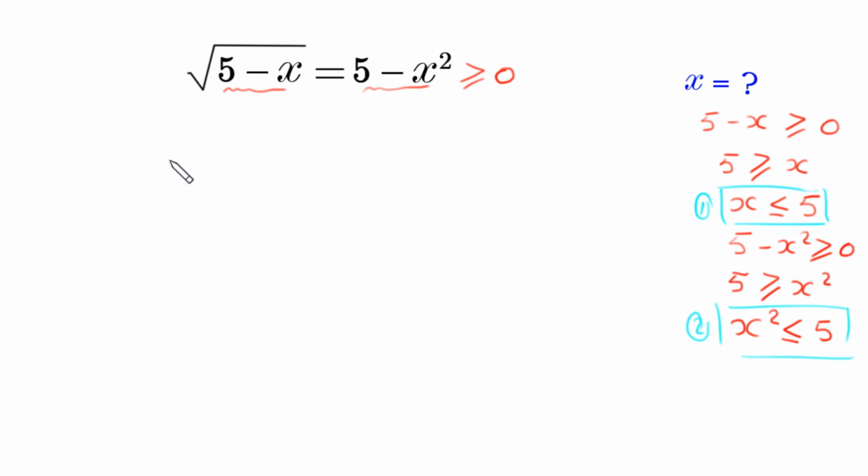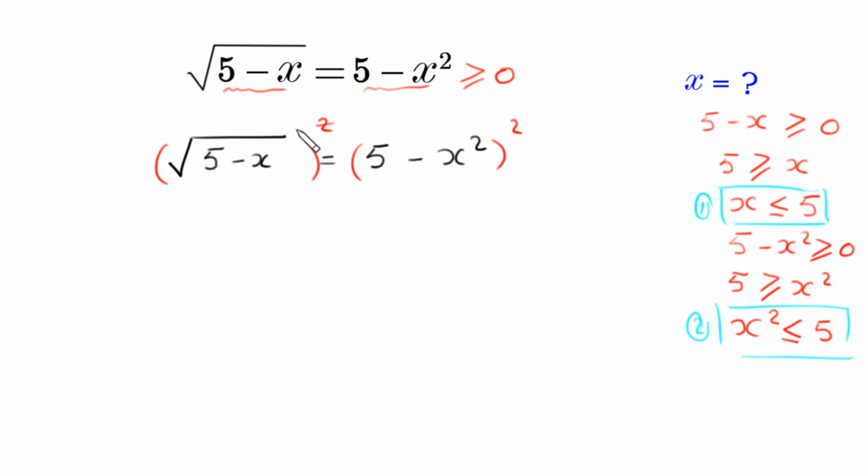Now let's square both sides of this equation. Square root of 5 minus x is equal to 5 minus x squared. We square both sides of this equation.